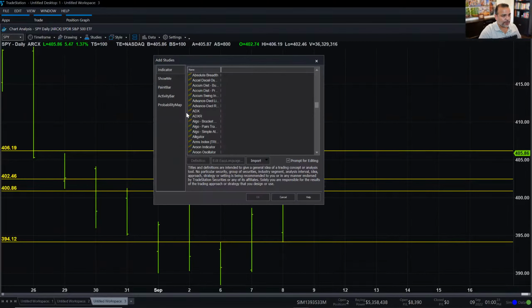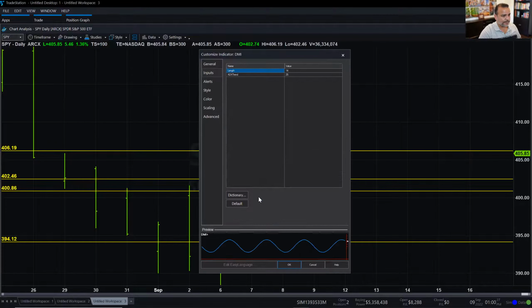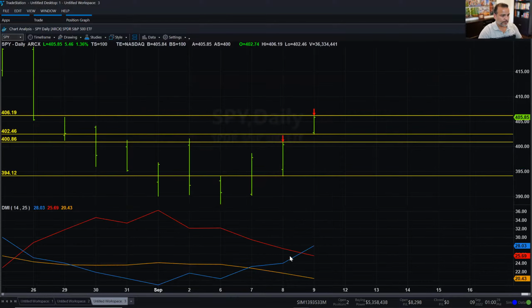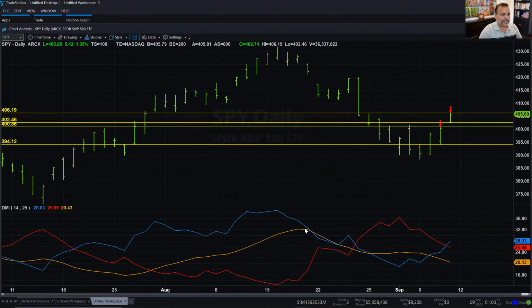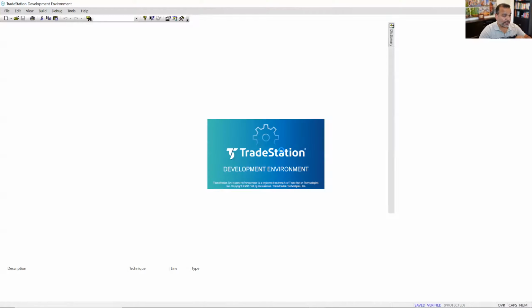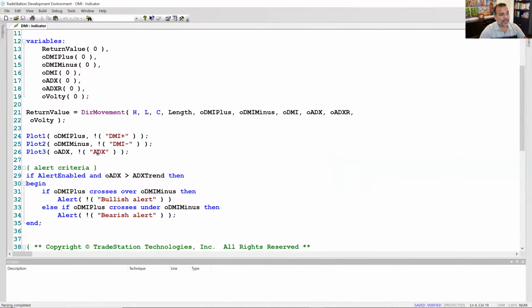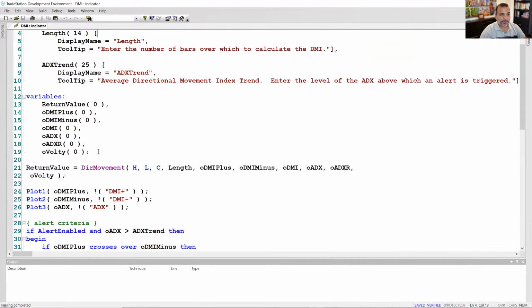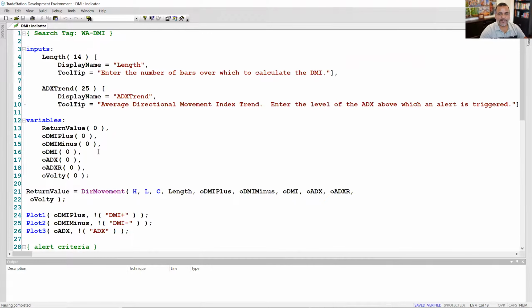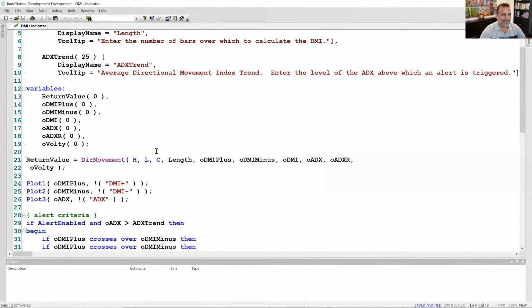I'm going to go to my DMI. From the DMI study, you can just right click and then edit EasyLanguage for DMI. That opens up the code. You can see how the DMI is not very long. You would think that it's a very long piece of code, but it's not.